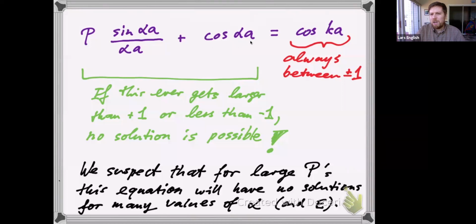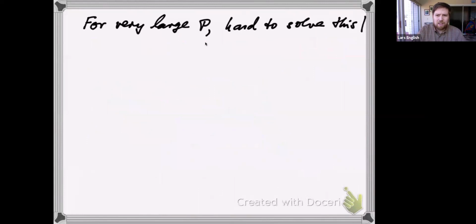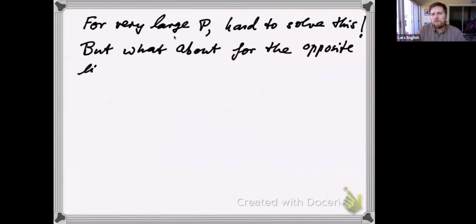I mean, this cosine here can be as negative as -1. So we can say that for very large P barrier strength, it's hard to solve this equation. But if we go to the opposite limit of P going to 0, so the barrier strength gets weaker and weaker until it entirely vanishes, we kind of know what should happen in that limit, right?